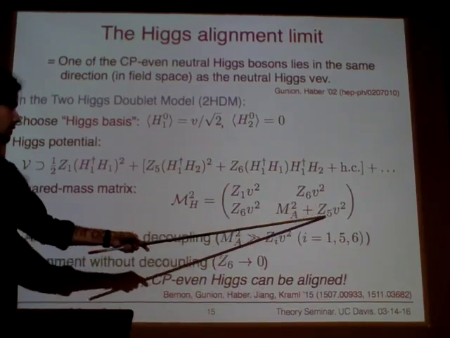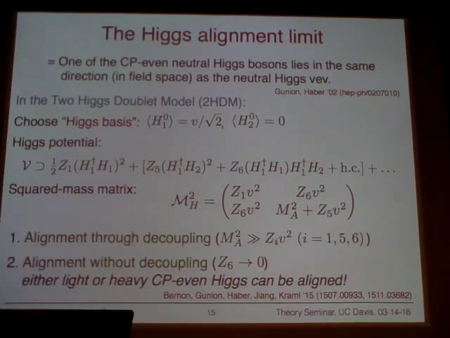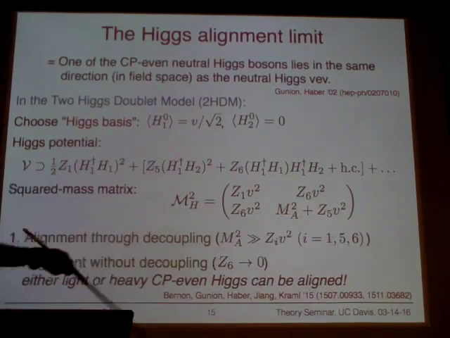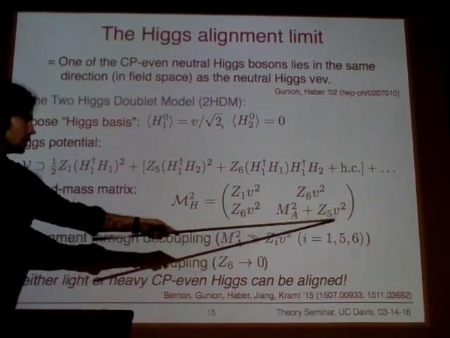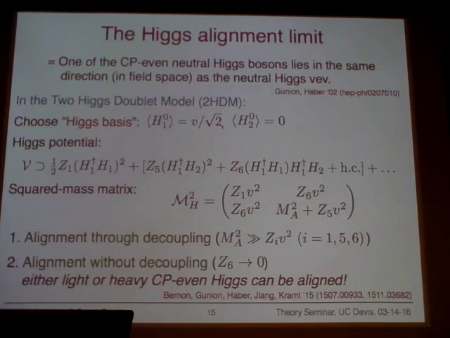So that means that this has to be negative. And if you study this expression for Z5 v squared, there's a log piece of MS squared over MT squared, and then there are additional terms. The additional terms give you the negative contributions, but the log piece only gives you positive contributions. So I guess if you have too large MS, then you end up with a positive Z5 and you cannot get this down.